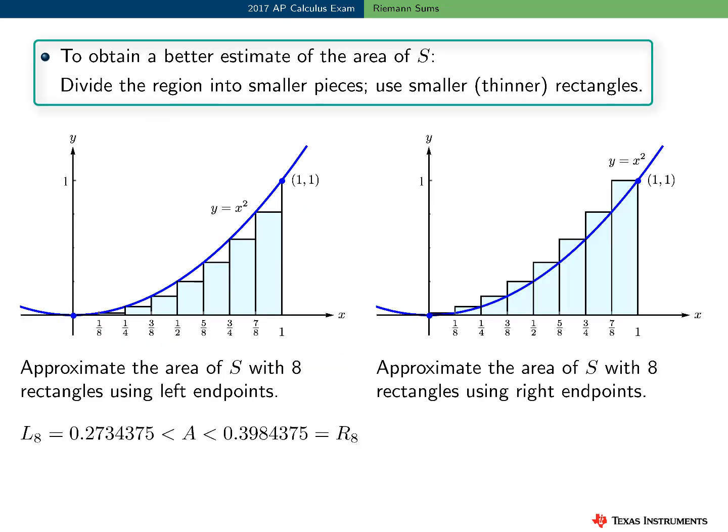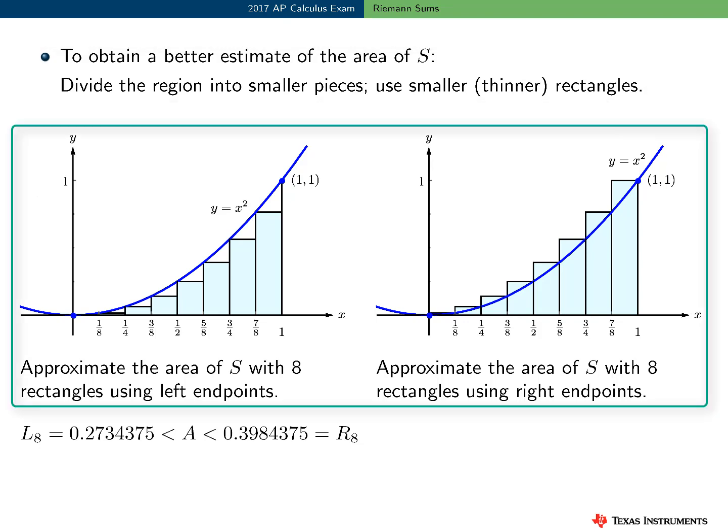And so now we have a lower and an upper bound for the area of the region S. It seems pretty reasonable that in order to obtain a better estimate of the area of the region S, we can divide the region into smaller pieces, and then we can use even smaller and thinner rectangles. So these two figures show better approximations for the area of S using 8 rectangles of equal width.